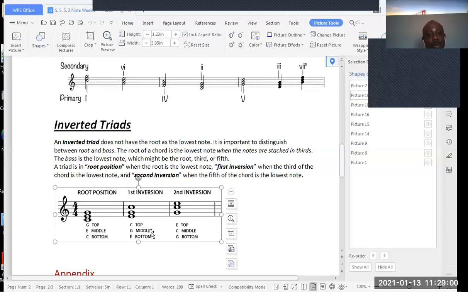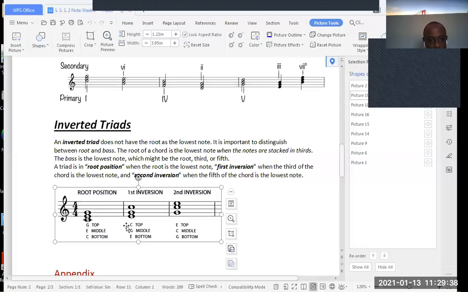There is no way I can write a second inversion without having to do with the first inversion. So it is from this first inversion that you have the second inversion. If we take a look at it from the root position, the second note is now placed on the top as the last note.